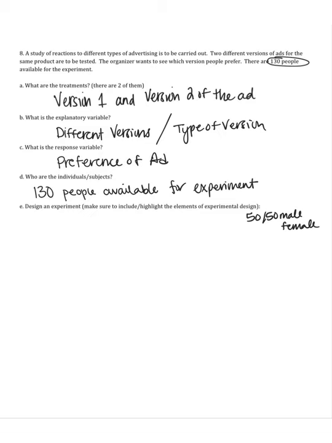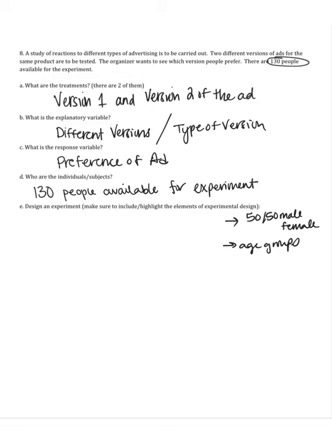You could assume that you could divide them into age groups. Anything that you want to assume about blocking, I'm going to let you assume for this problem because there's not too much information. So come up with an experiment that you think would work out. And if you have to make assumptions in order to block, that's okay.